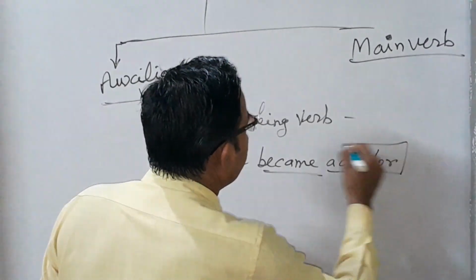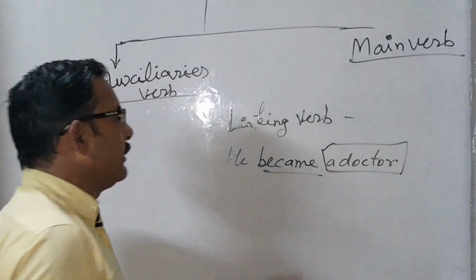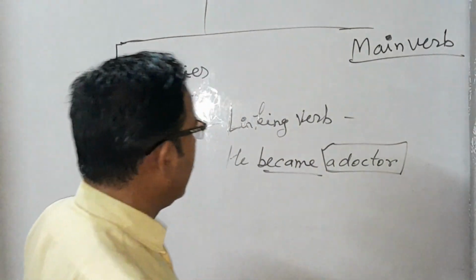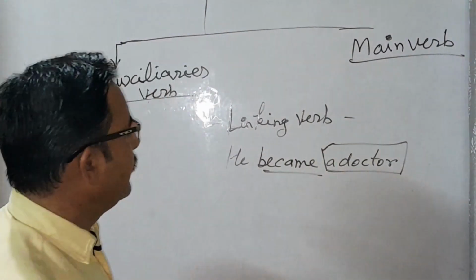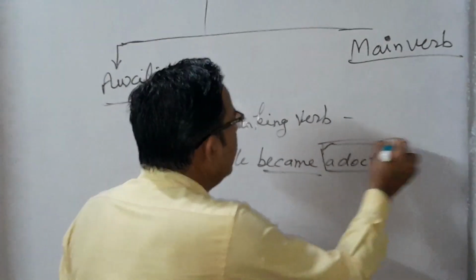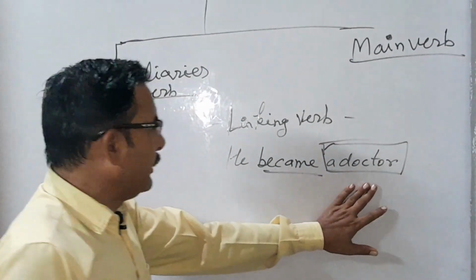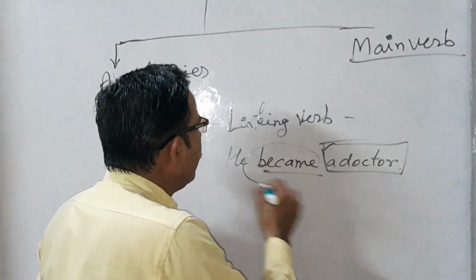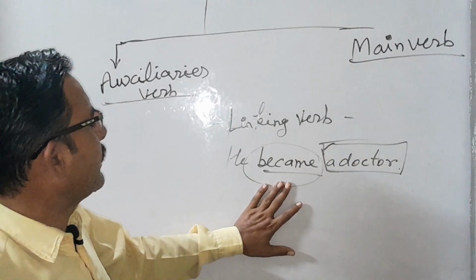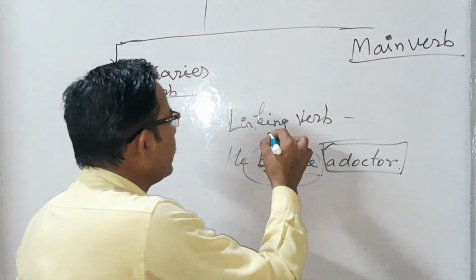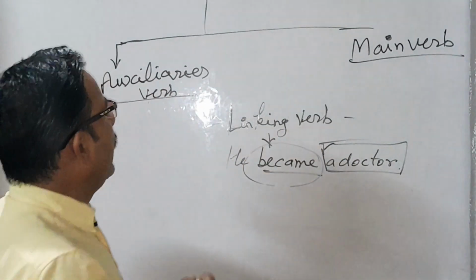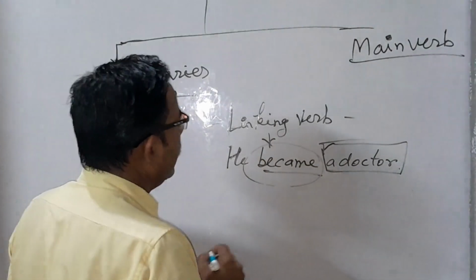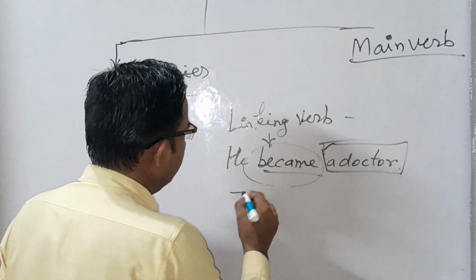It is out of sense. He became a doctor. Now, after putting some noun or some other group of words, we can also put a group of words in the form of a phrase, then it becomes a complete sentence. He became a doctor. Now the verb is giving the complete sense. In this situation we call it a linking verb. We have more examples.